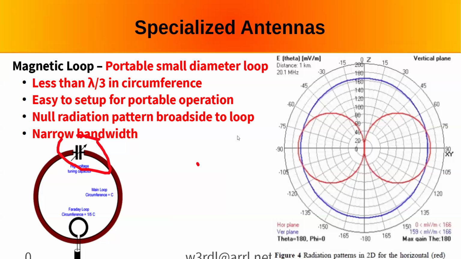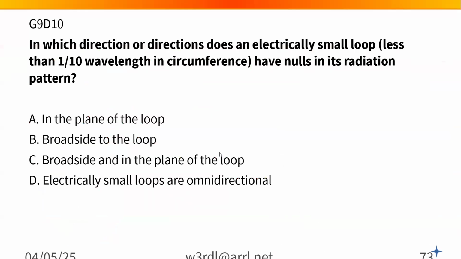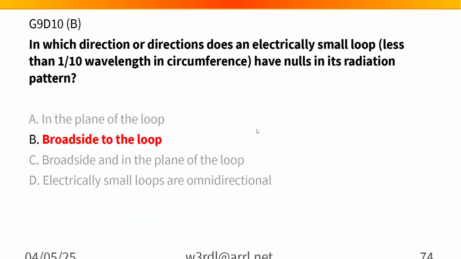So the loop is apparently this way. Oh, okay. But see, the problem is it's got two nulls.